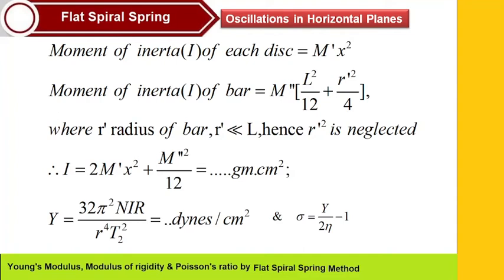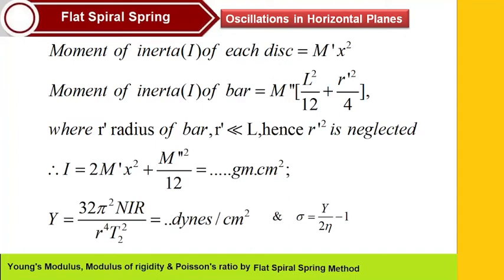and Young's modulus capital Y is equal to 32 pi square N I R divided by r raised to 4 capital T square is equal to dynes per centimeter square. And from modulus of rigidity and Young's modulus, we can get Poisson's ratio, that is sigma is equal to capital Y divided by twice eta minus 1.